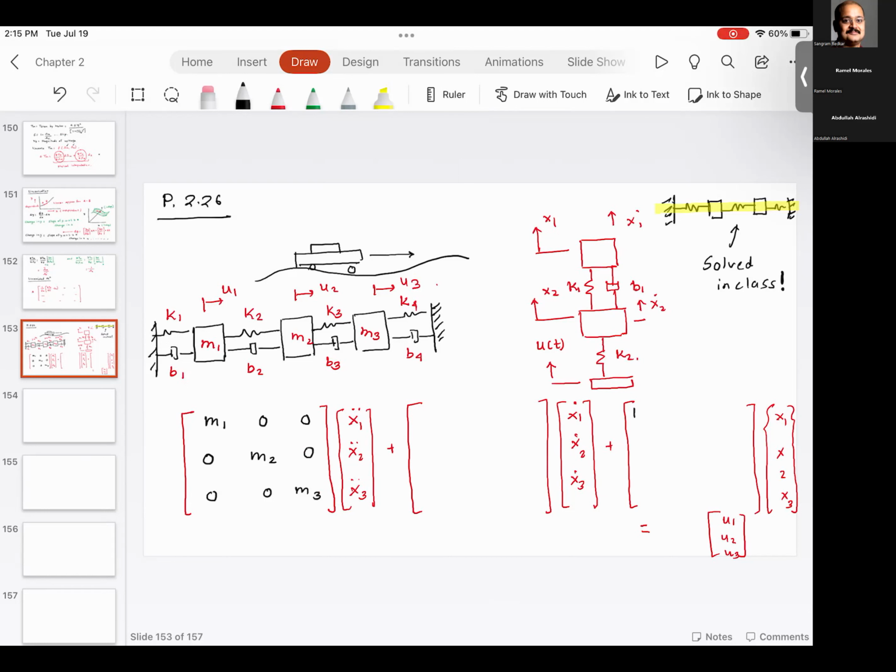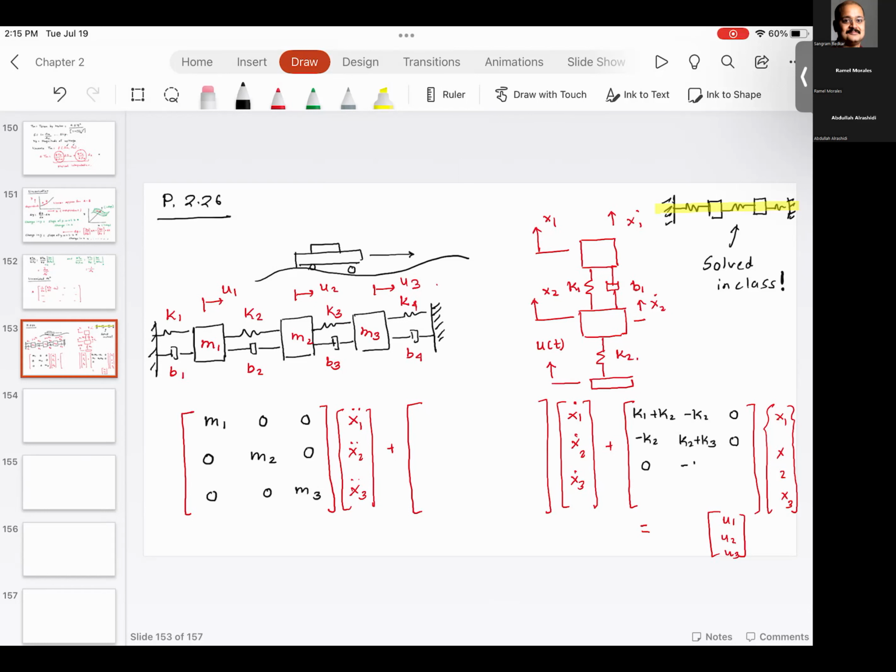Here is going to be K1 plus K2, minus K2, minus K2, K2 plus K3. Then this is going to be 0, 0. This will be 0. This is going to be K2 plus K3.